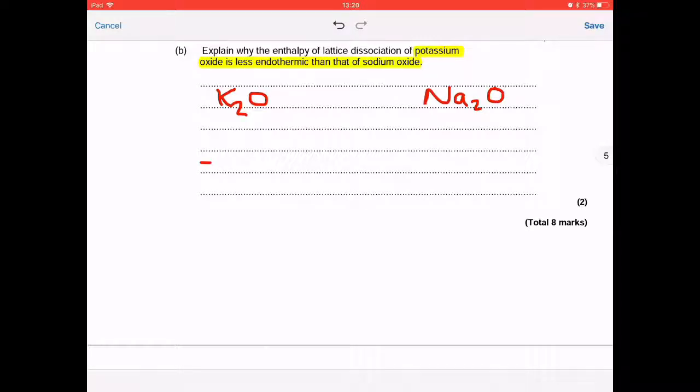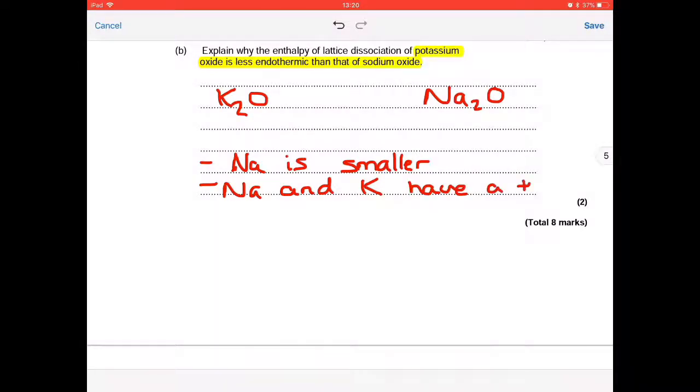Well, the first thing is sodium is smaller. Sodium and potassium both have a positive ion, 1+.